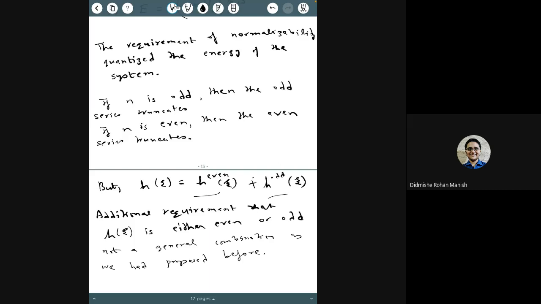Just an even series is also a solution. Just an odd series is also a solution. So that's fine. It's not that they're not solutions, but the general one is not valid. So you only have either even solutions or odd solutions, and these solutions have energies which are of the form n plus half h cross omega.